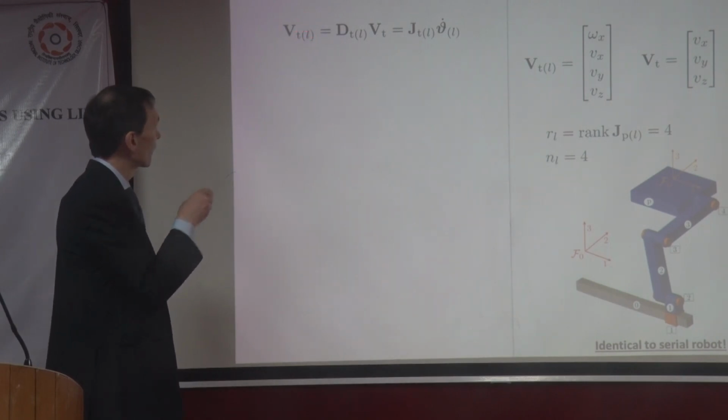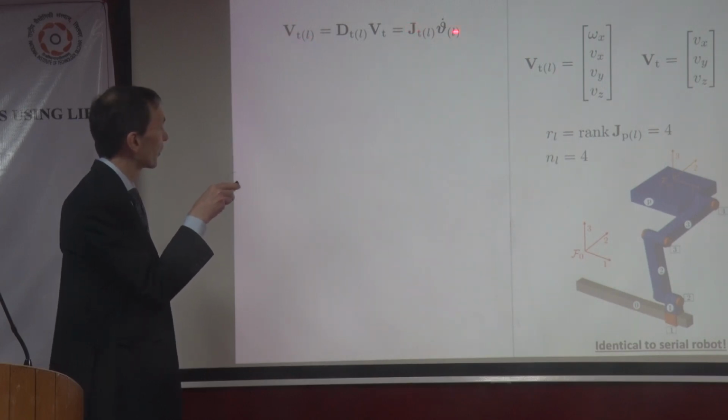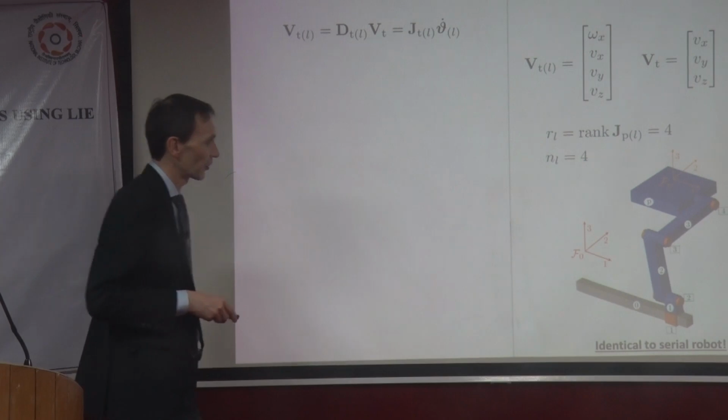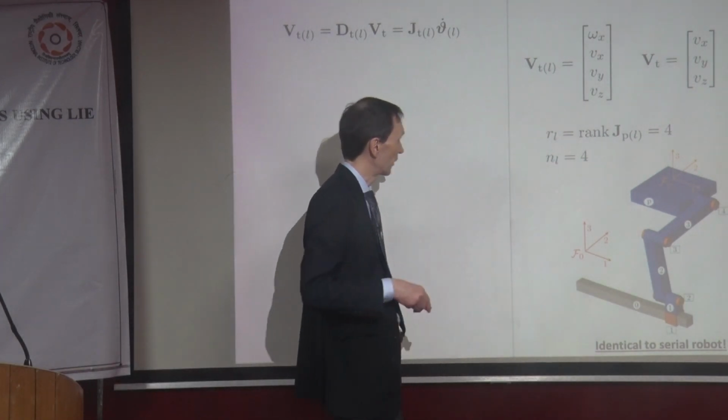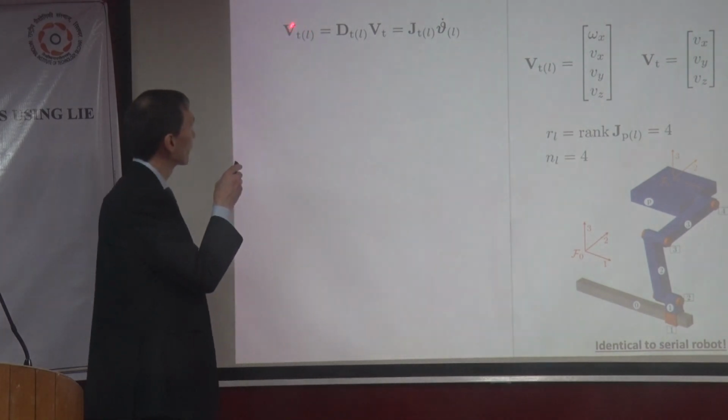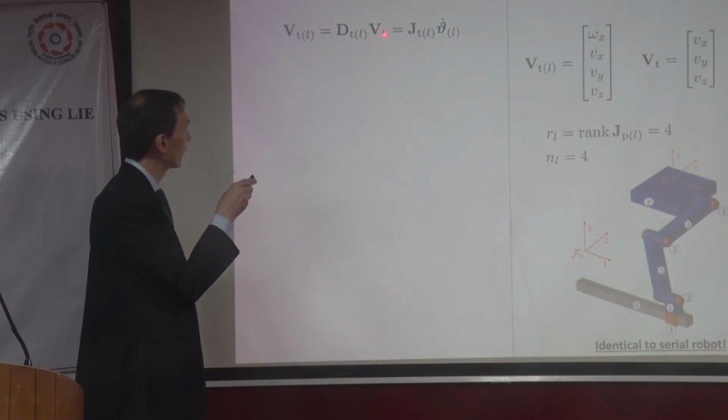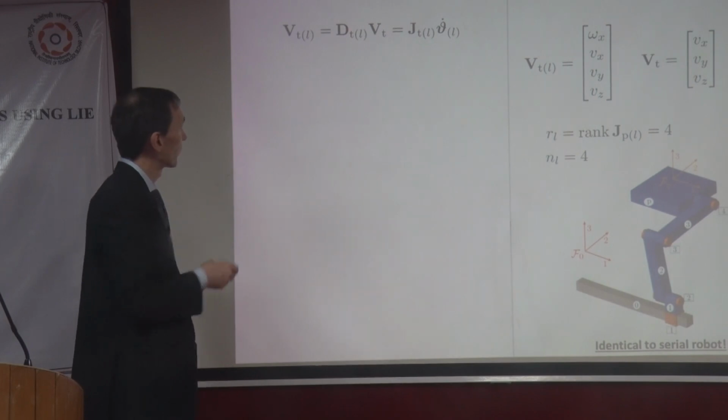So what I'm saying is that this is what we had before. We said the task space velocity of limb L is just given by the task space velocity Jacobian times Q times the joint angle time derivative. So just this one as a kinematic chain. And now we said, okay, but this is related to the task velocity of the PKM by this relation here.